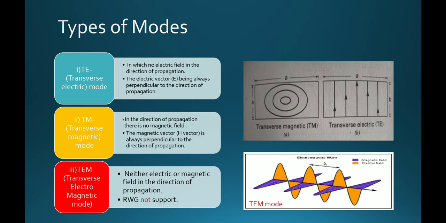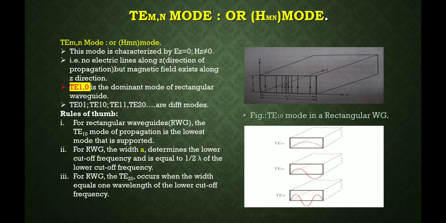So in the adjacent figure, right hand side, we can see the different field patterns and the propagating modes, TM, TE and TEM mode. Next, the TE mode or H mode.